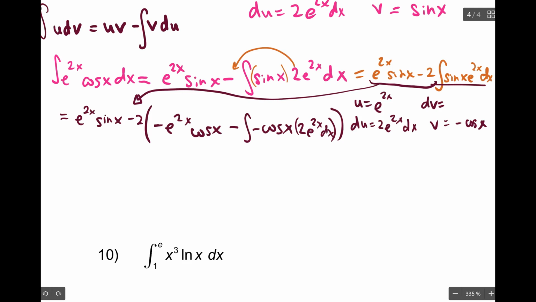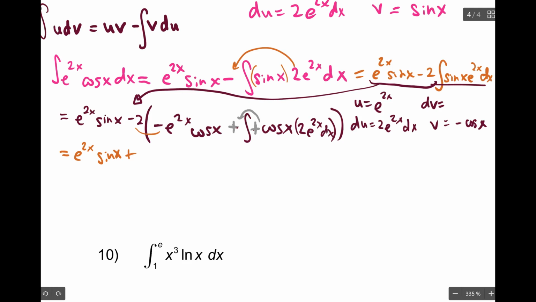Let's see. So here, these negatives cancel each other out, so I'm going to make those positives. And then I have to make sure to distribute out the negative 2 that's out front. Let me just write 2x sine x.